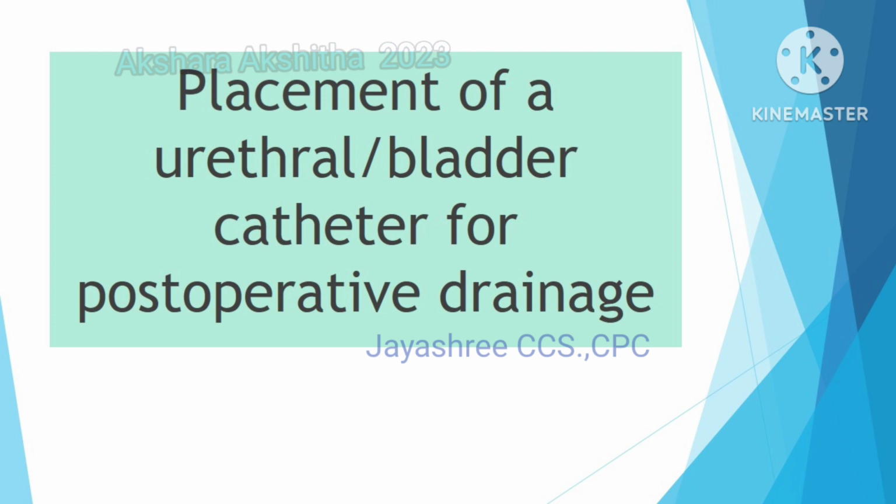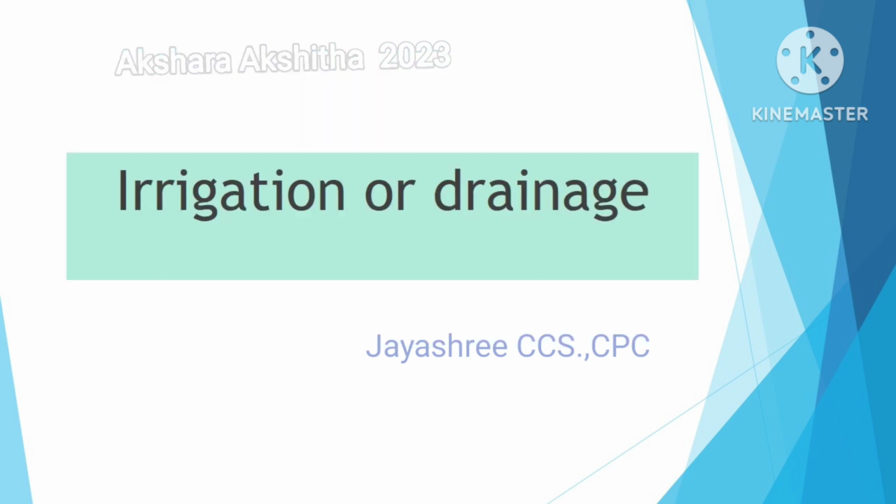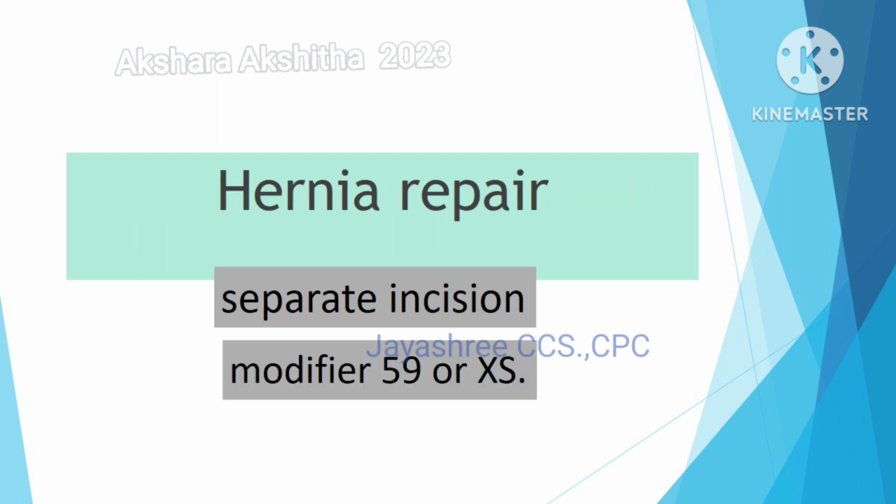The next point is, whenever an irrigation or drainage procedure is performed with the main procedure, the irrigation or drainage procedure is not separately reportable. Then the next point is, when the CPT descriptor itself includes hernia repair, we cannot report the hernia repair separately. But we can report hernia repair with the main procedure along with a modifier if it is a different site through a separate incision.